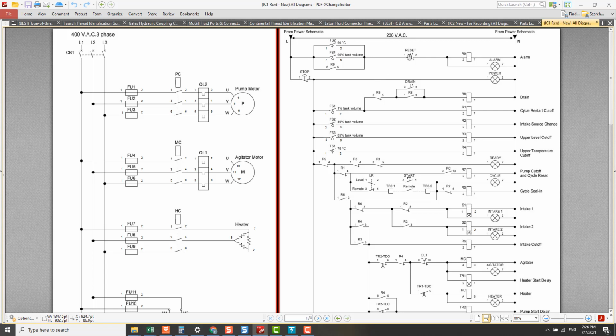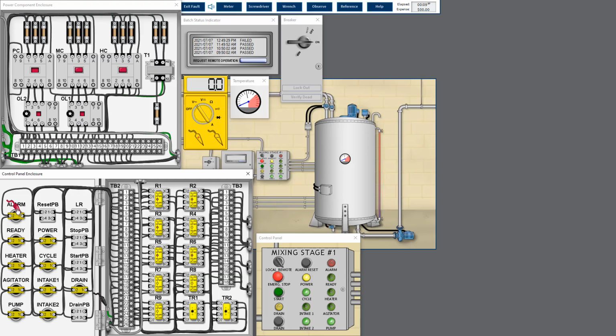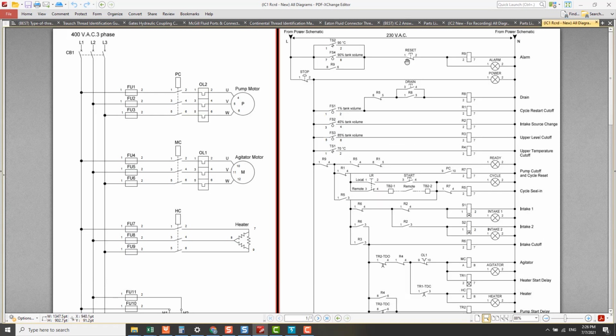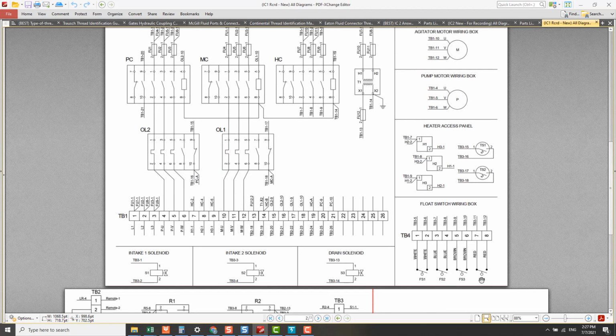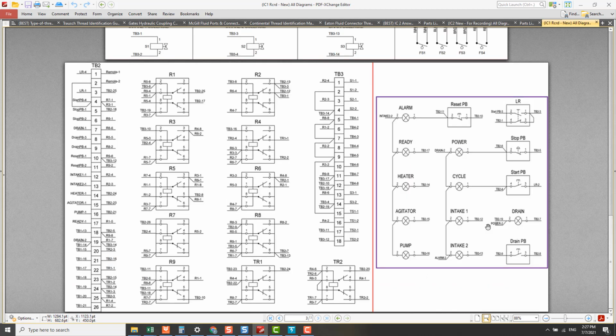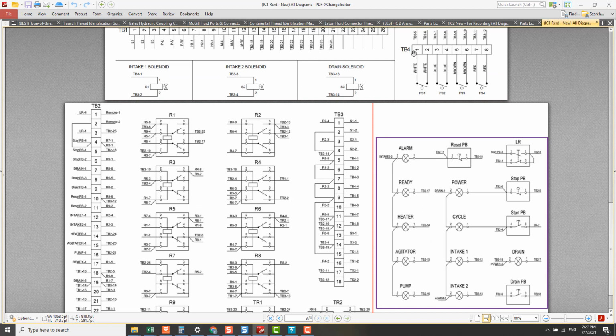So maybe we can measure the voltage at reset push button point 1. Reset push button point 1 is 0 voltage. So we can also measure float switch 4 point 8, which is connected to TB312 here from TB48.